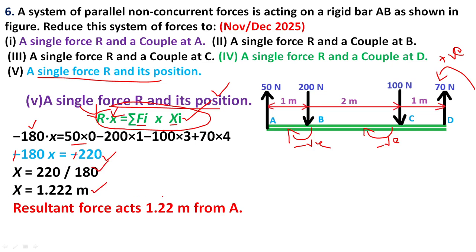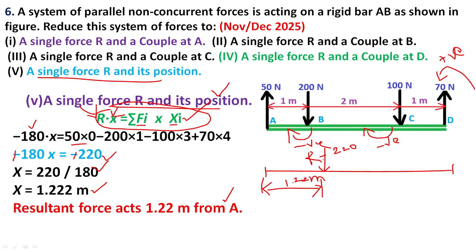The resultant force acts 1.22 meter from A. So this is the beam, and the resultant force acts downward, 1.22 meter from A. This is the answer for the position of the resultant force in the beam.